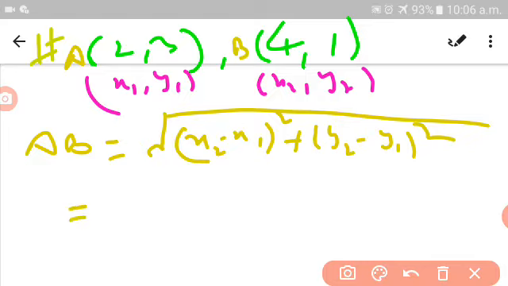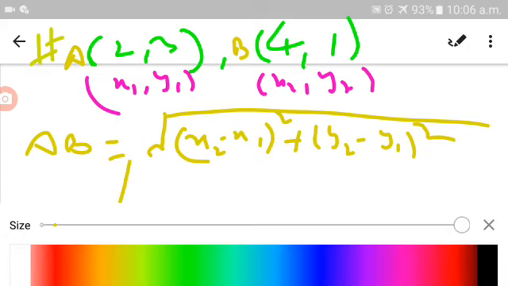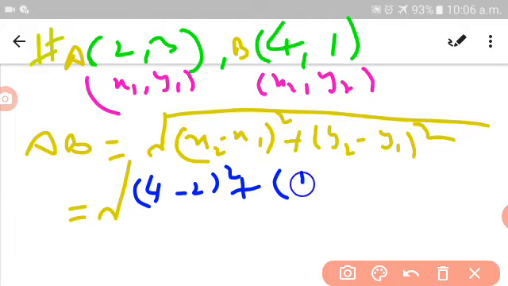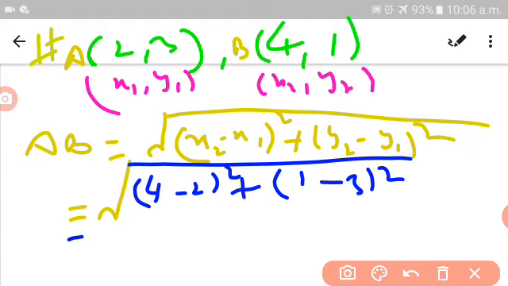So that equals the square root of, what is x2? x2 is 4. What is x1? That is 2. 4 minus 2 whole square plus, what is y2? That is 1. What is y1? That is 3, whole square. So this is the square root of 4 minus 2 is 2, 2 square is 4, plus 1 minus 3 is minus 2, minus 2 square is 4.